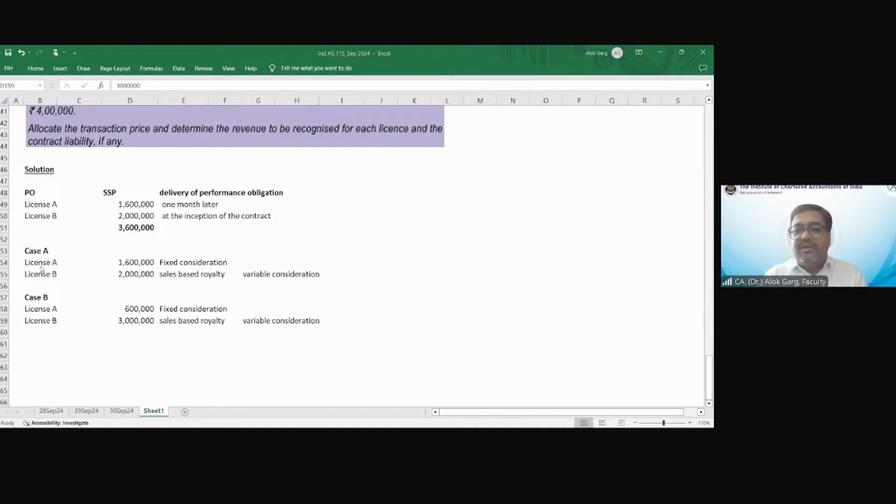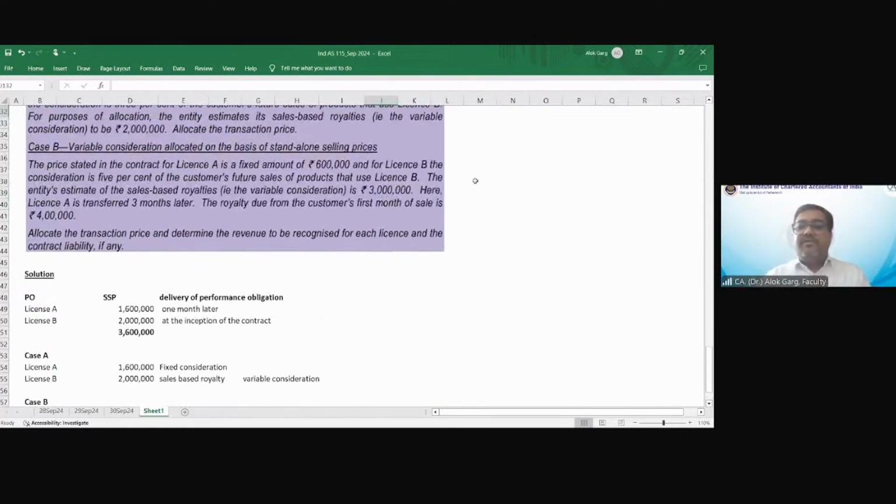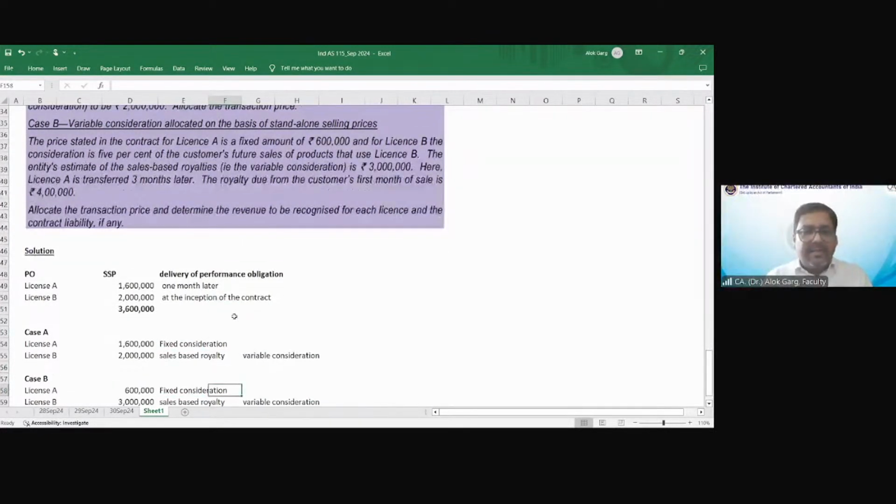And further, what is written in the question? What is written in the question? In the question, it is written that the first month, license A is sold 3 months later and license B has been sold first.